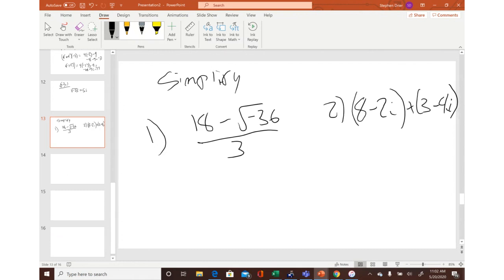Okay. And then for question 3, not sure if you can do it or not, but let's try this. Maybe you've seen it, maybe you haven't. Let's try 6 plus 5i squared.